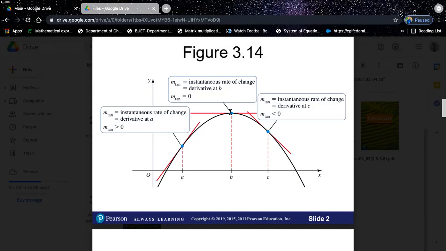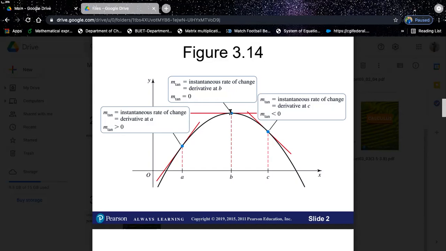So at that very point, it's not really moving any way. It will take a halt there, and then it will start going downwards from the next instant. But at that instant, it will not change because it has already reached the highest point.